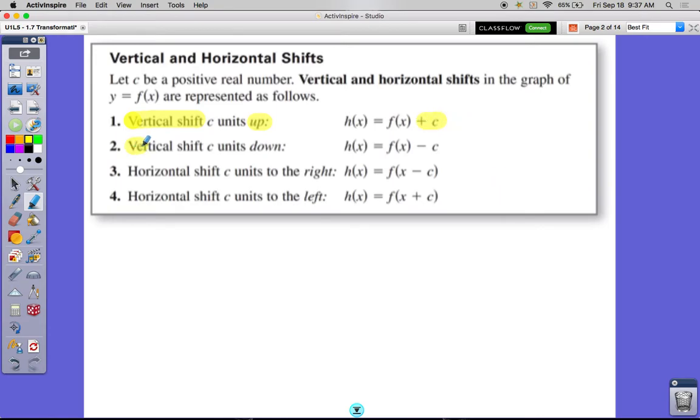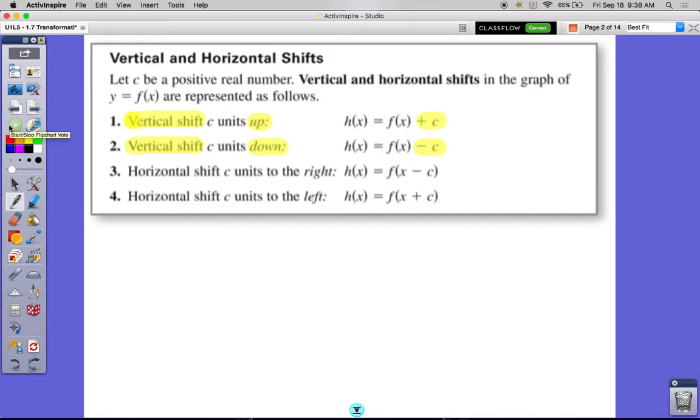This thing is going to have a vertical shift that is down if you see the function itself, and then it says minus c. As far as moving up and down, it's being added or subtracted to the function.